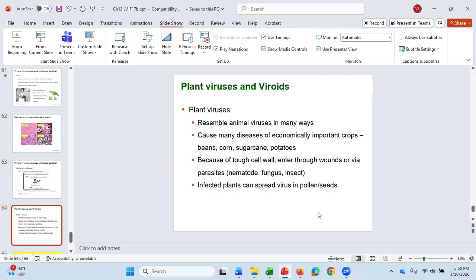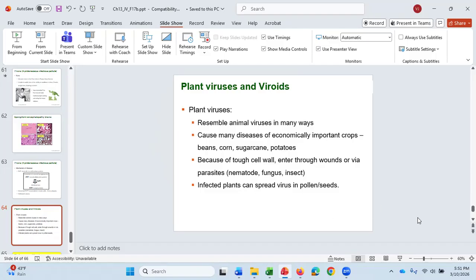Because of the tough cell wall that plants have, plant viruses tend to enter through wounds or via a parasite, the parasite being a nematode, a fungus, or an insect. The virus can then infect the plant cell and infect the plant. The infected plants can then spread the virus in the pollen or in their seeds, and then the plant virus can continue.